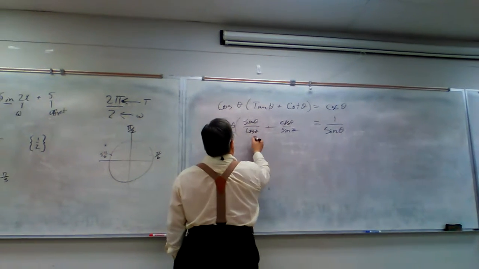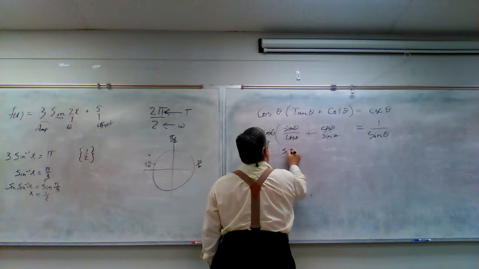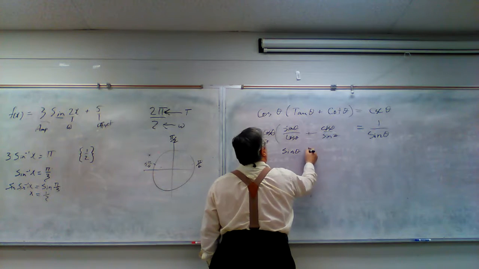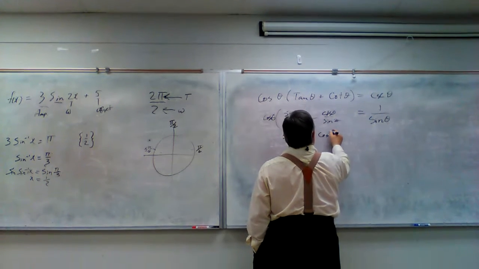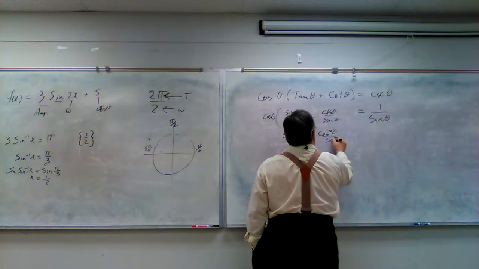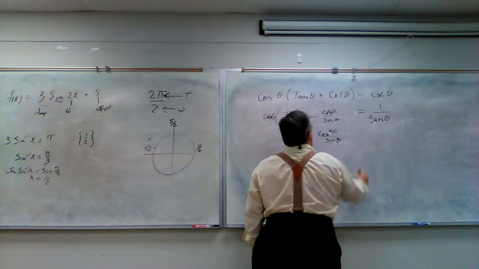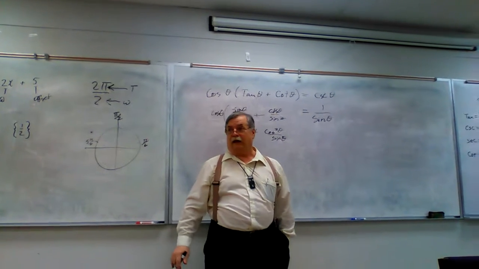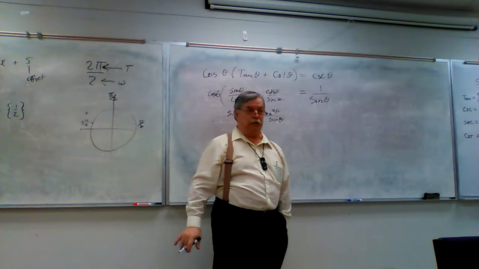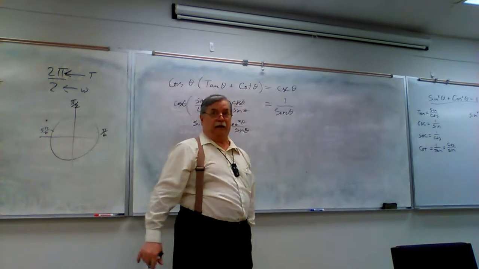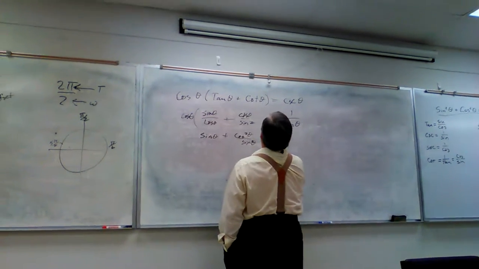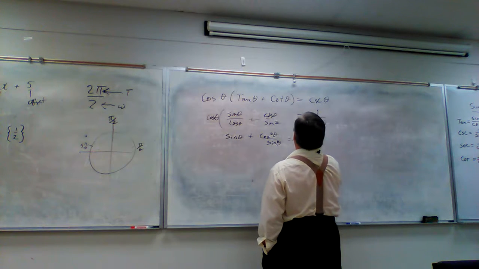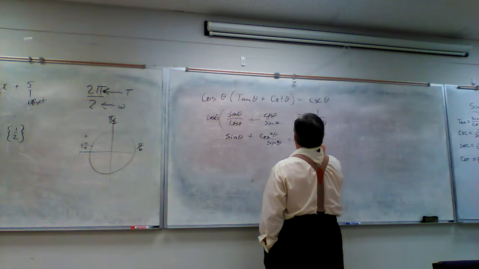Multiply through by cosine theta. This cancels here, so this is left with sine theta plus cosine squared theta over sine theta. Oh, I see a cosine squared. I like that, as long as it doesn't turn into a cosine cubed, in which case we're backing up. And that would have to be equal to 1 over sine theta.